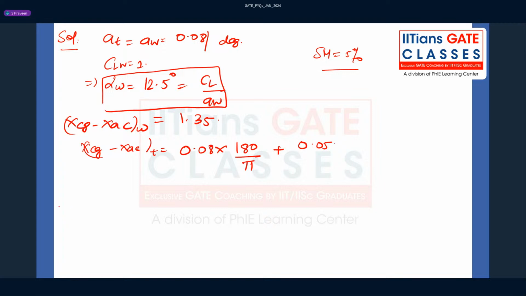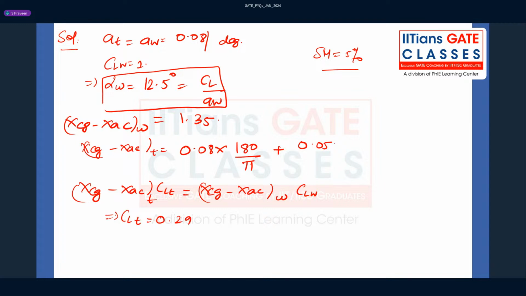So I can write it in this way as XCG minus XAC times CL at the tail is equal to XCG minus XAC at the wing times CL wing. So from this I can get the CL at the tail as 0.29, because I have all the values in here. Simplify this, substitute that in here, you will get a value. Now, what is my CL tail?